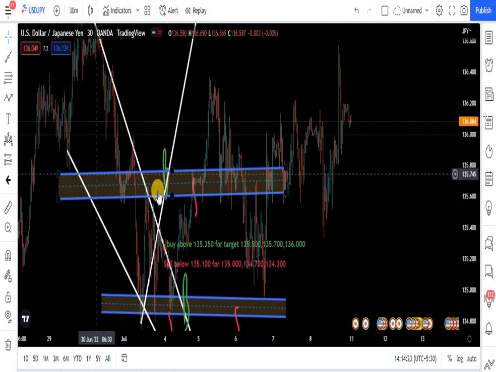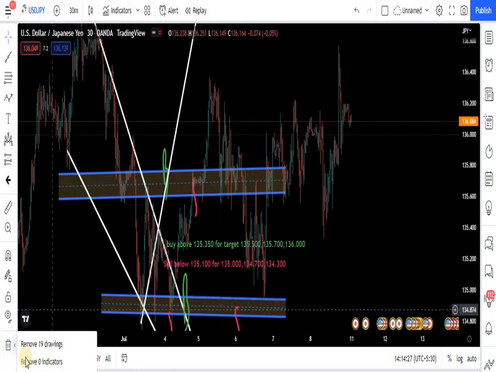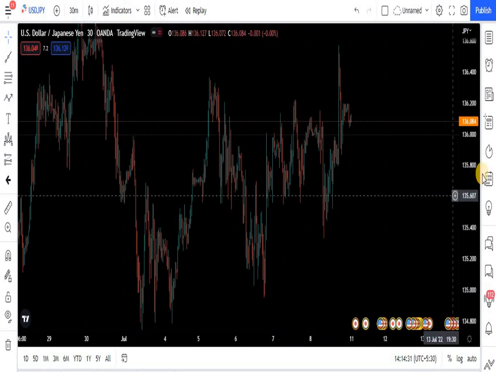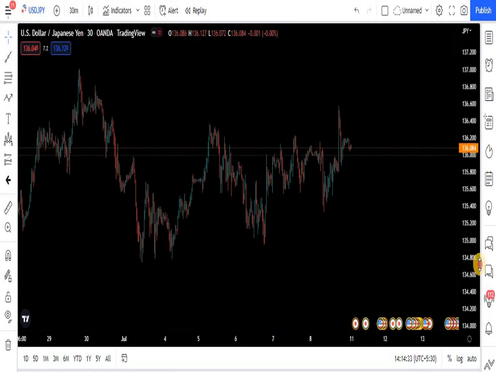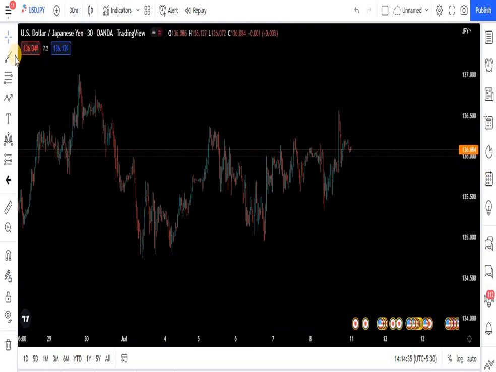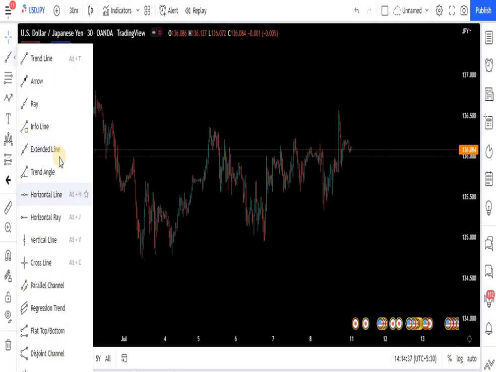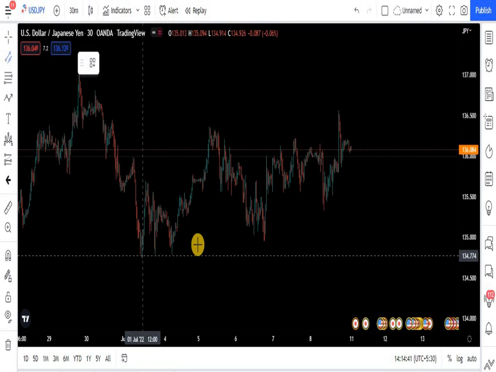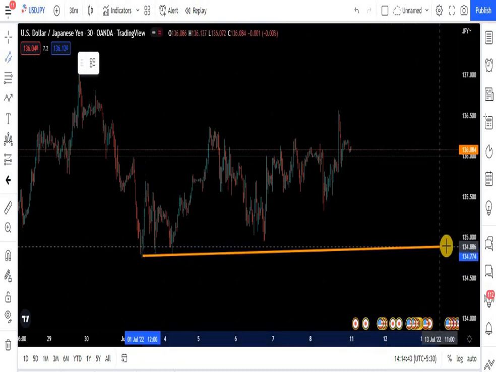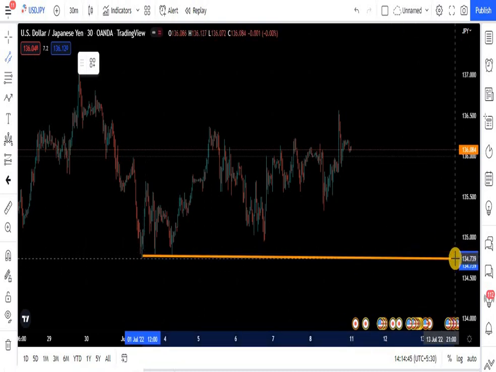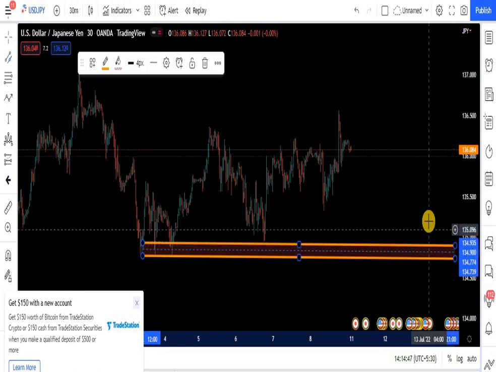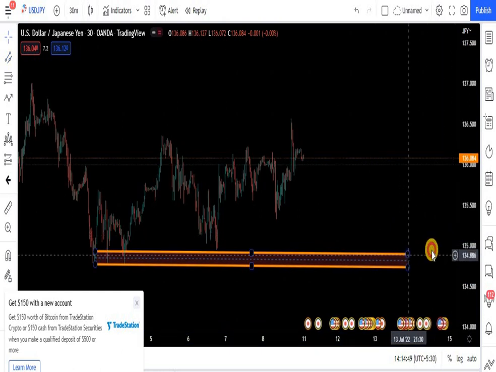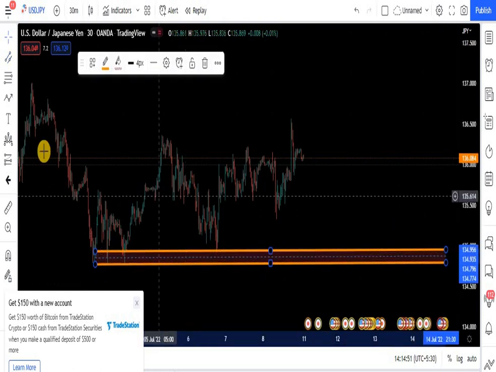No issue on that. So in these areas always go for some support and resistance, and you always look for good areas. Either these key levels work as a support or work as a resistance. So you will go for the trades like so. First we go for important areas or important support. That is one.